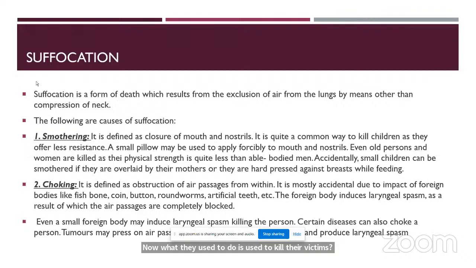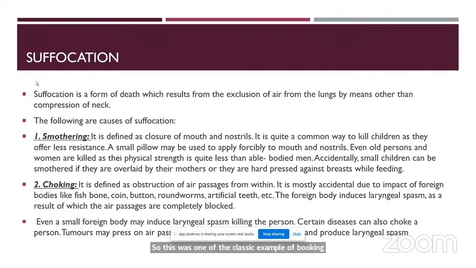They used to throw the victim down on the ground and kneel on the chest, and use cloth to close the mouth and nostrils with one hand while firmly holding both the jaws together, which ultimately blocks the air passages. They used to kill the person to supply the dead bodies to medical colleges for dissection. So this was one of the classic examples of burking.